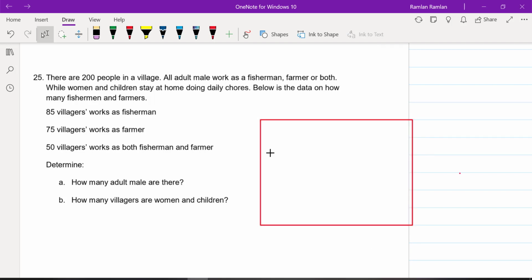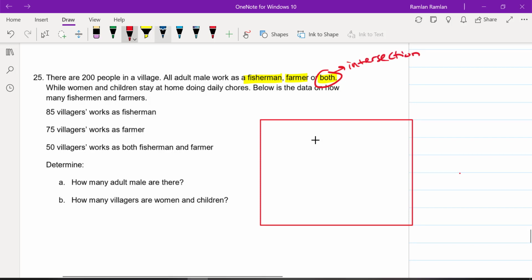Then let's draw two circles, because we have two subjects here, two sets: the fisherman and the farmer. Both means that it is going to be the intersection. This person works as a fisherman and farmer, so it's the intersection of the sets.